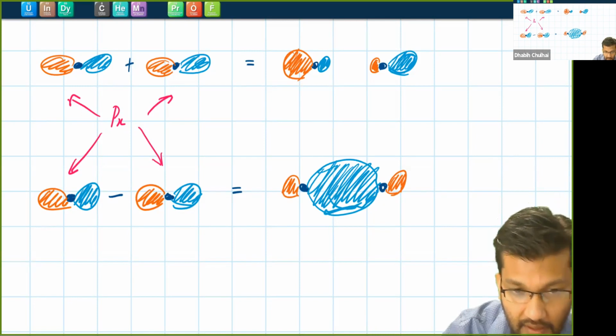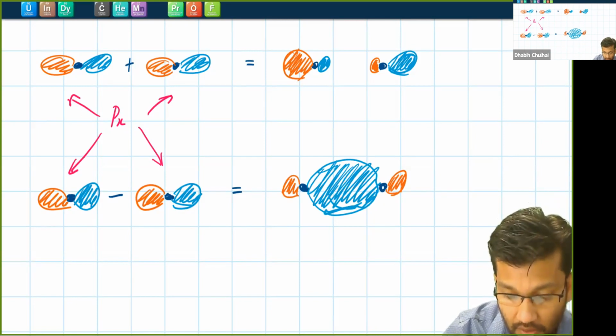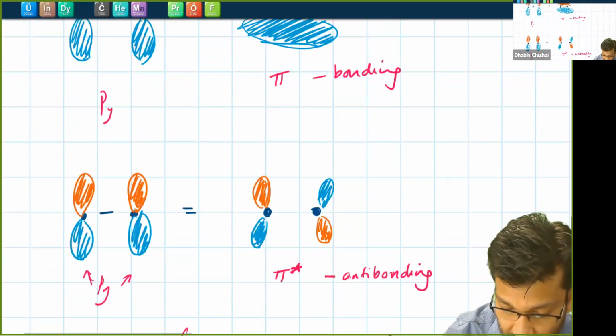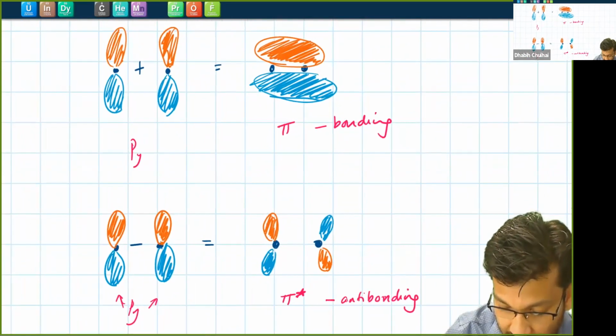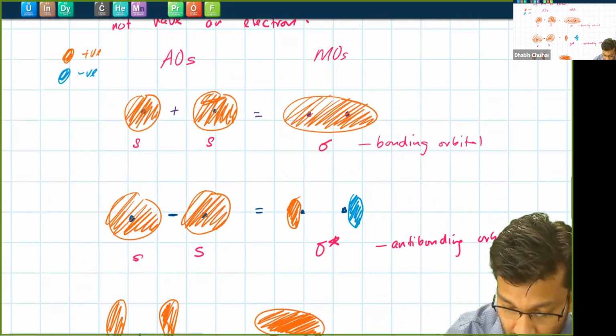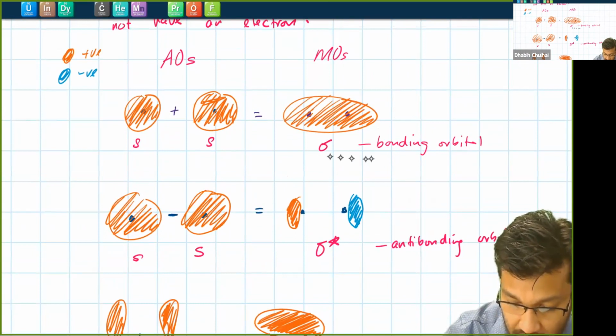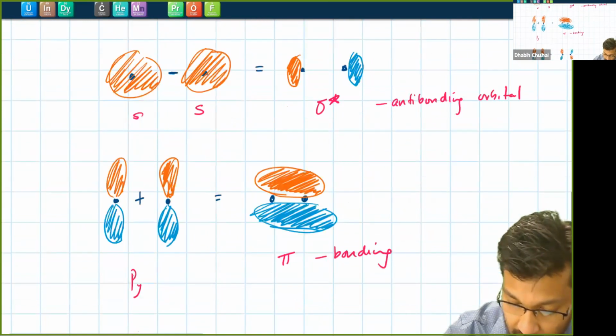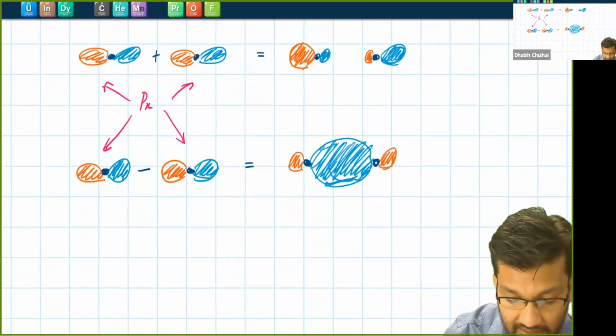All right, so how do we name this? Well, it looks nothing like these orbitals up here for the pi bonding and pi anti-bonding. In fact, the second one looks very much like this sigma bonding right here, right? This one on the bottom here looks very much like that, just the sign is different.